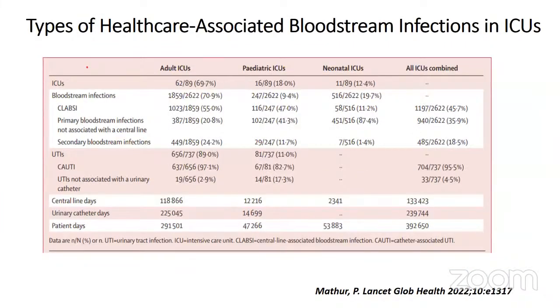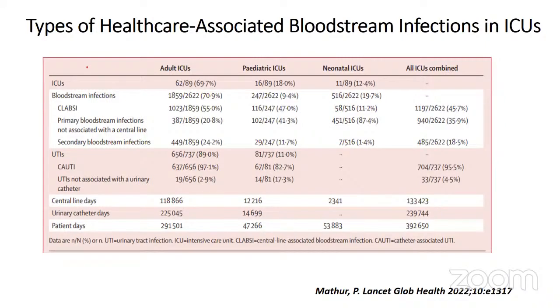So again, in the same paper, looking at the different ICUs in terms of the infections, as you can see, adults aside, that's where you have a lot of problems in terms of CLABSI, as compared to neonatal ICU. I suppose in neonatal ICUs we do use central lines, but not as much as in pediatric ICUs and adult ICUs.